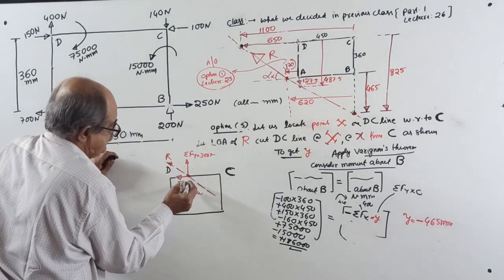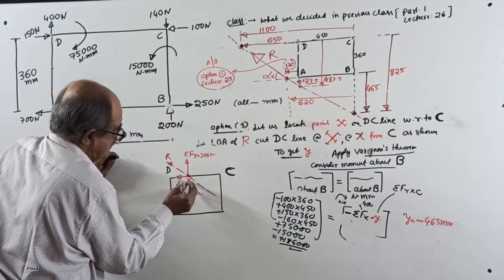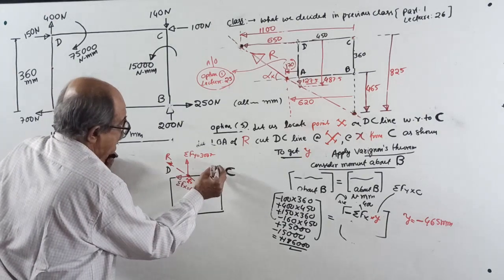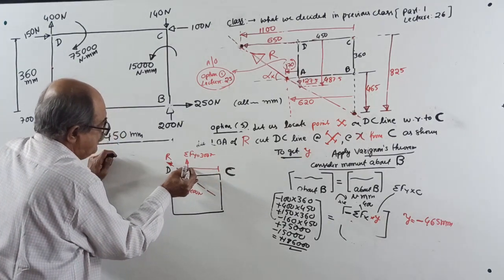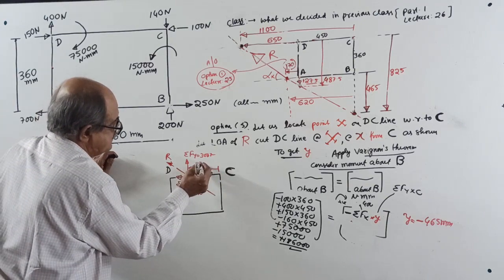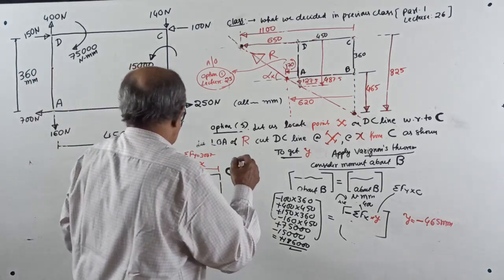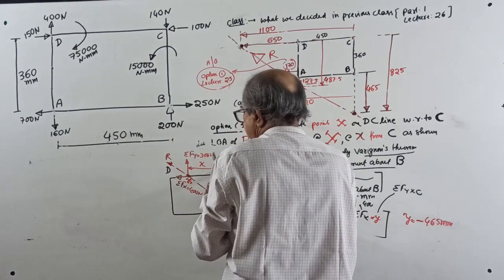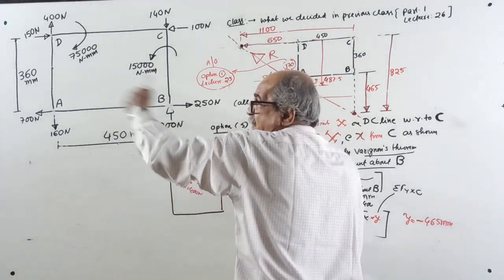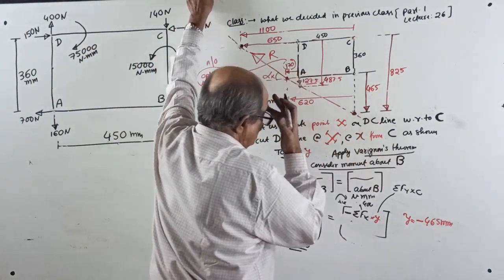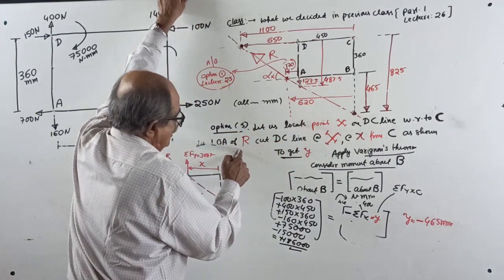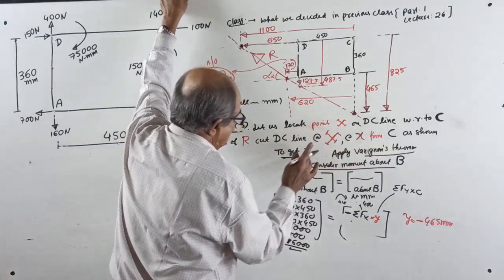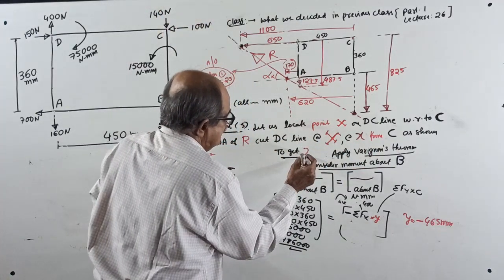This is the point x. X from C to left side by x. Note, we are marking the point x on DC line at x to left of C.